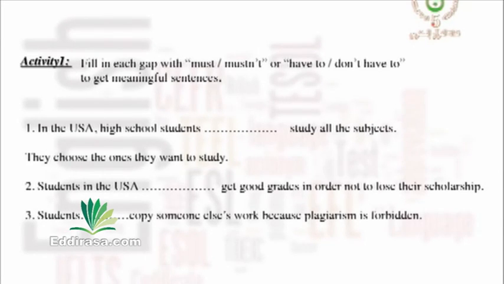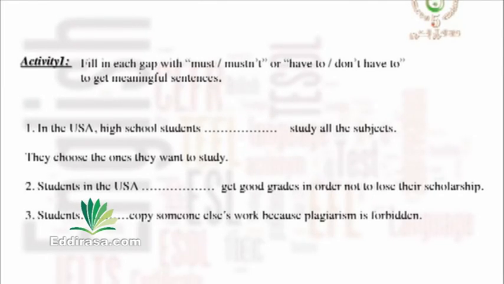They choose the ones they want to study. Second sentence. Students in the USA, gap, get good grades in order not to lose their scholarship. Sentence 3. Students, gap, copy someone else's work because plagiarism is forbidden.